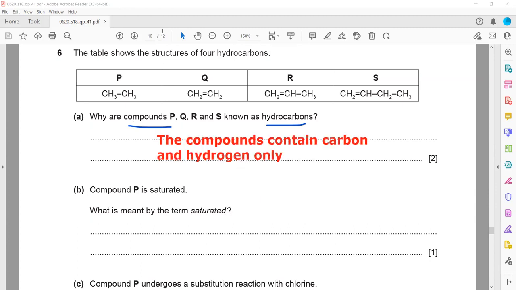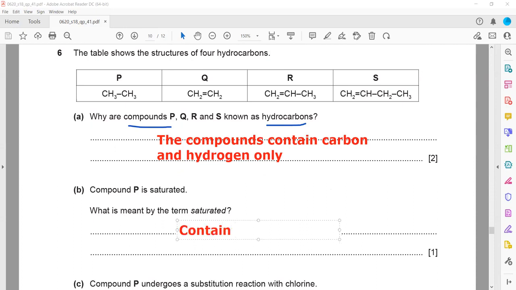Compound P is saturated. What is meant by the term saturated? So we divide hydrocarbons into two classes. One is called saturated, another one is unsaturated. In terms of hydrocarbons, what is the meaning of saturated hydrocarbon? A saturated hydrocarbon contains carbon-carbon single bonds, and an unsaturated hydrocarbon contains a carbon-carbon double bond. So why do we call compound P a saturated hydrocarbon?